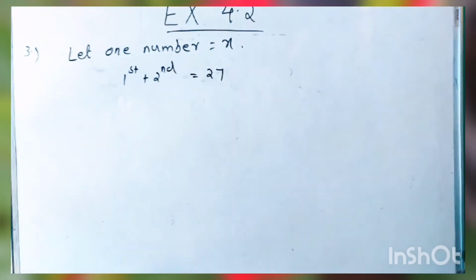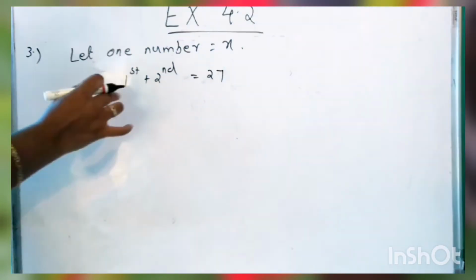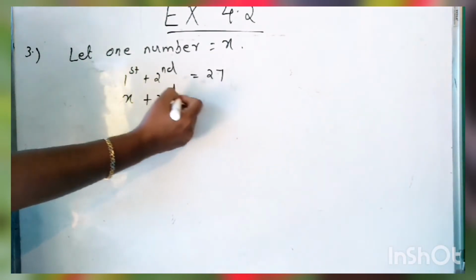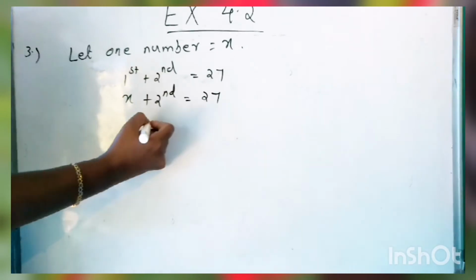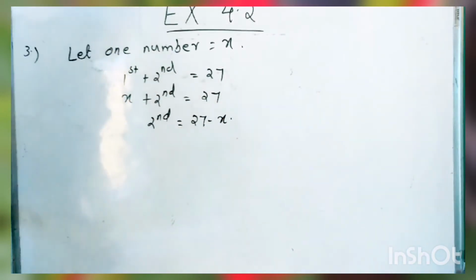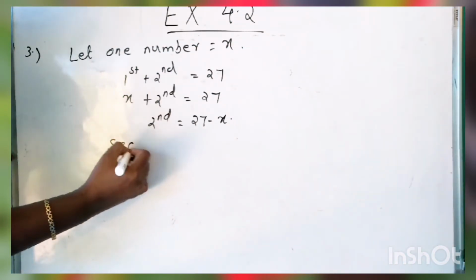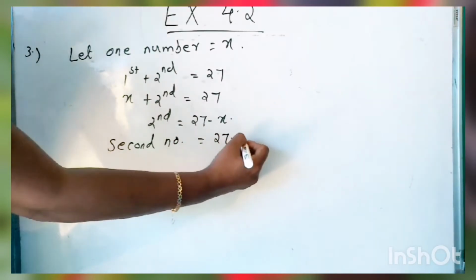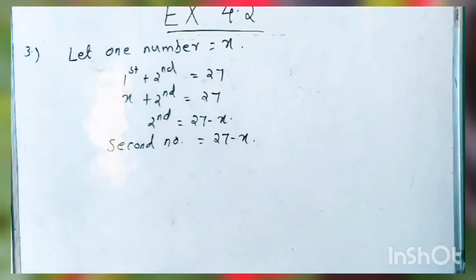The sum of those two numbers is equal to 27, and first number we took as x. So x plus second number is equal to 27. Then what is our second number? That is 27 minus x. So the second number is equal to 27 minus x.